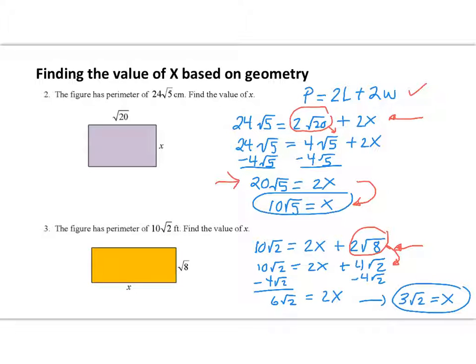And then I can subtract 4 square root of 2 from both sides of the equation, and when I do that, I end up with 6 square root of 2 is equal to 2x, and I divide by 2, and I end up with 3 square root of 2 is equal to x. So I would like you to continue to try to do some of the problems in the worksheets that are provided to you for the lecture notes, and then check the solutions.